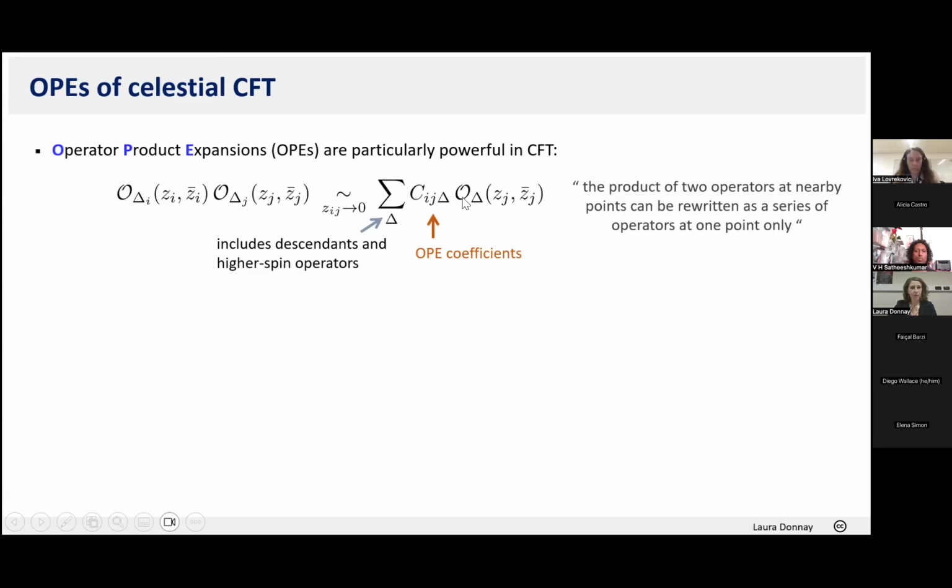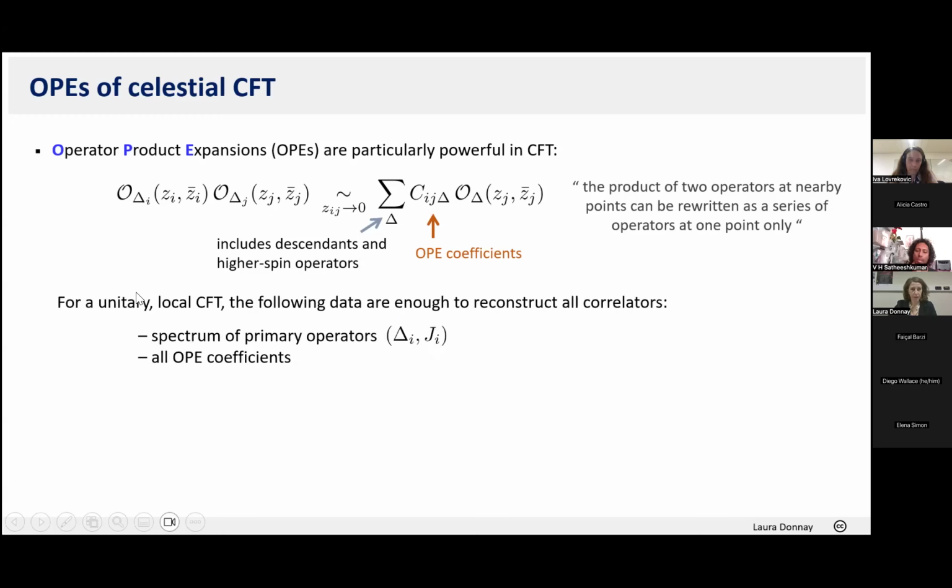Okay, so in general, this is what this sum should be about. You should also know the range of delta over which you are summing. And the coefficients in this expansion give you what are called the OPE coefficients. Why is it so important in CFT?